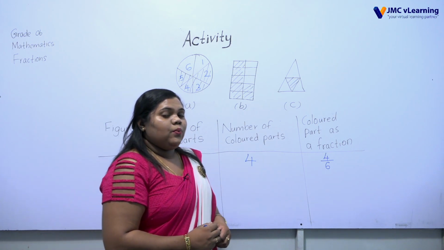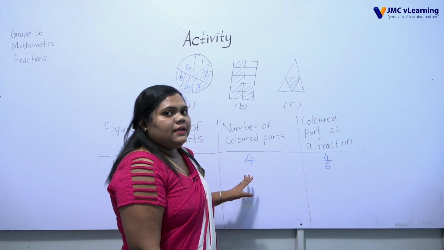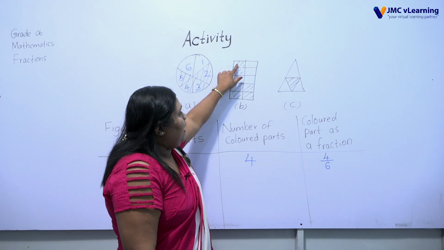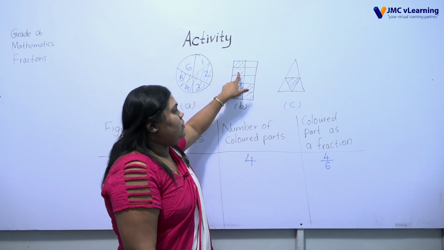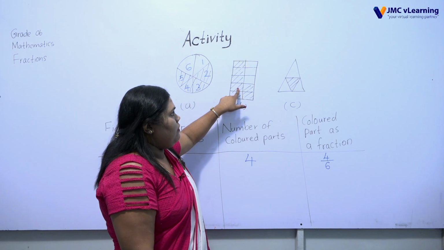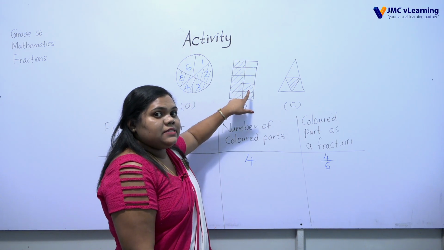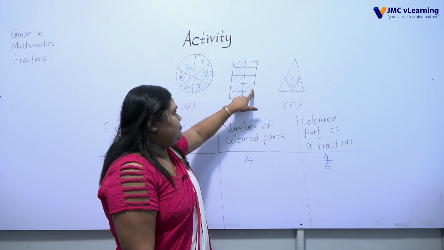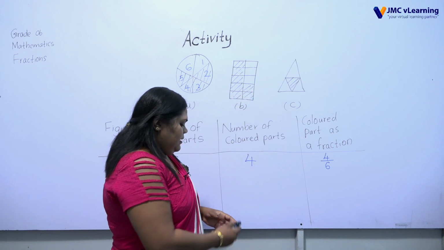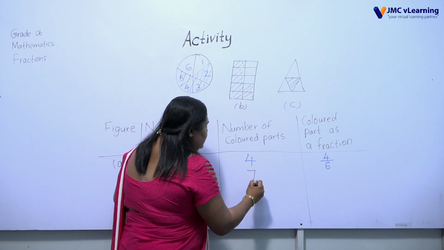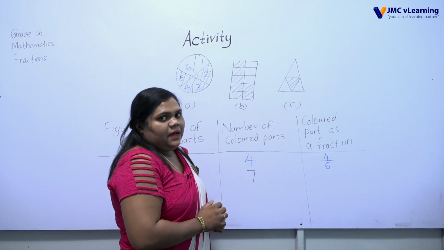Okay. Now we are going to find the number of colored parts. 1, 2, 3, 4, 5, 6, 7. Okay, then there are 7 colored parts.